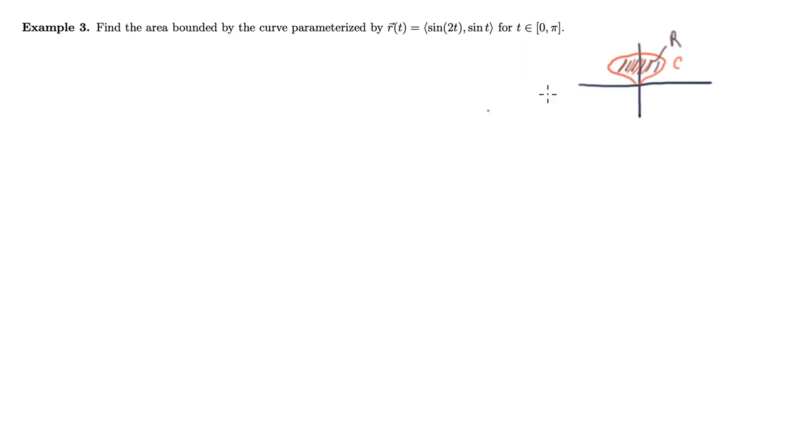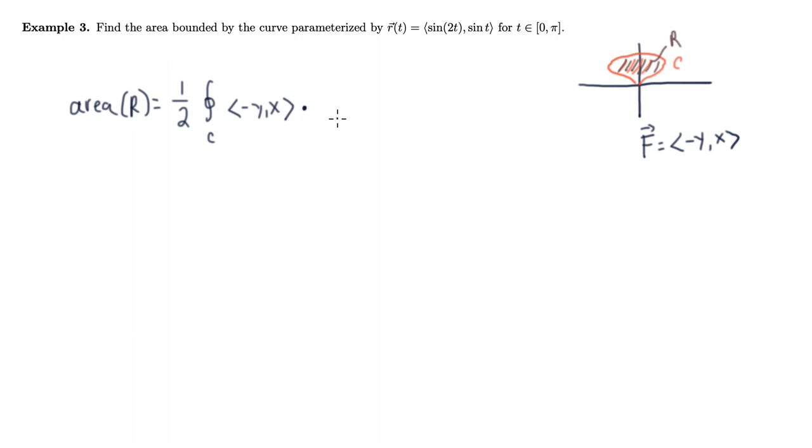We introduce this auxiliary vector valued function, minus y, x, and what we're able to say is that the area of the region is really 1/2 the integral over the boundary, so the circulation integral, of this particular vector field minus y, x, dot with the unit tangent direction.